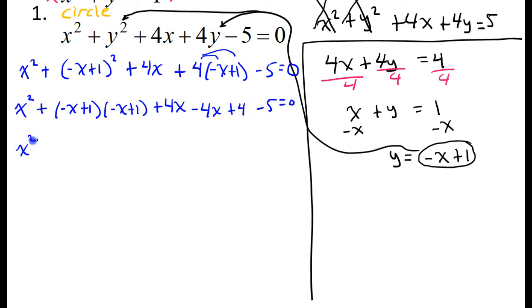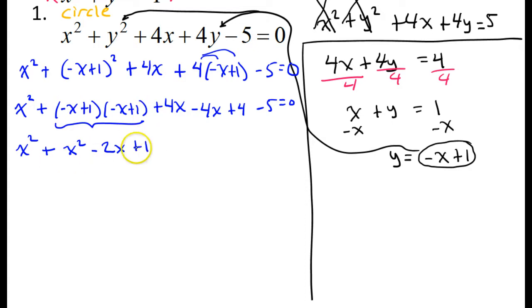So I've got x squared. I'm going to double distribute this, or FOIL, whatever you want to call it, and that's going to give me x squared, negative x and negative x will be negative 2x plus 1.